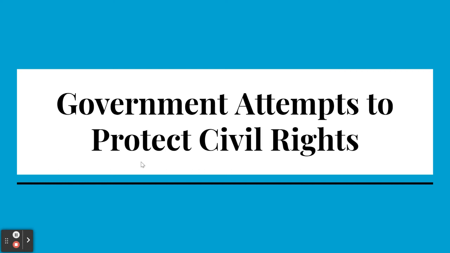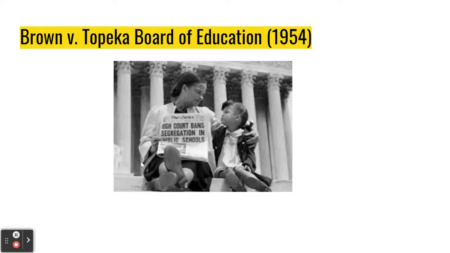This video focuses on government attempts, whether through amendment, court case, or congressional legislation, that were really meant to protect civil rights during the 1960s and also the 1950s. We're going to start in the early 1950s with the case of Brown v. Topeka Board of Education.